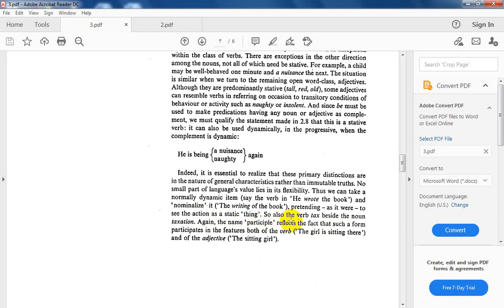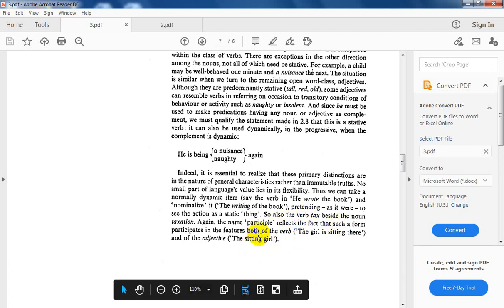So also the verb tax beside the noun taxation. Again, the name participle reflects the fact that such a form participates in the features of both the verb, the girl is sitting there, and of the adjective, the sitting girl. Here we changed from verb to what? This is a participle adjective.